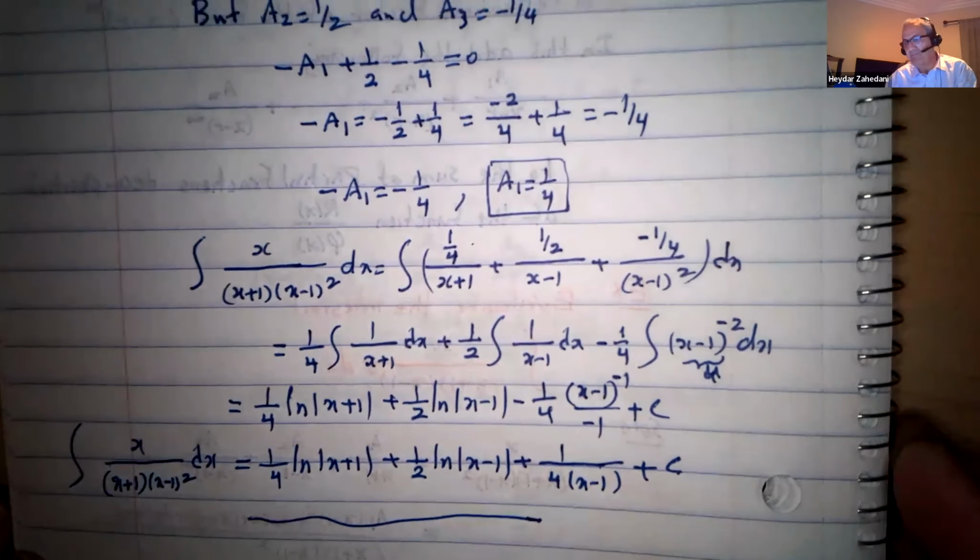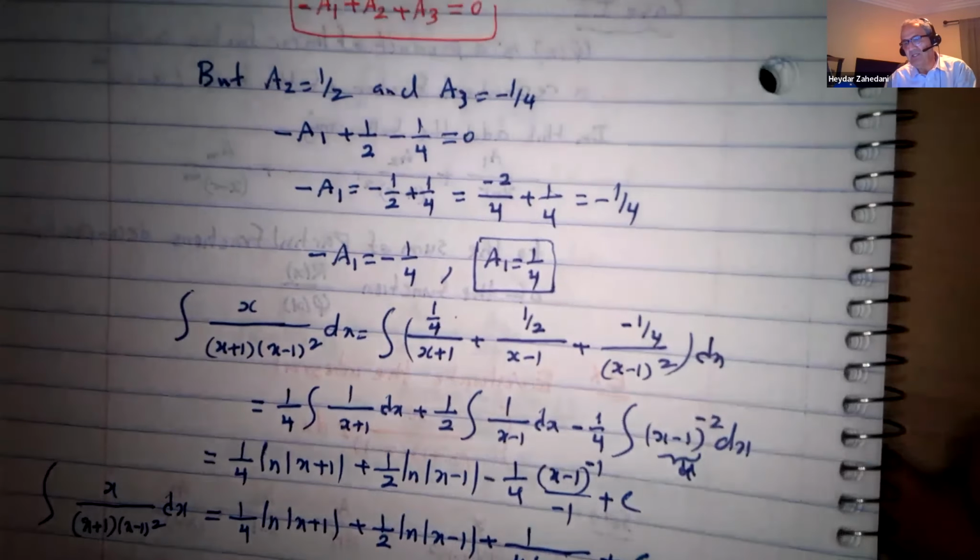What's going to be case 3? Case 3 is you may have a quadratic. Okay, the non-factorable, we like quadratic. So this is going to be case 3. You factor the denominator.